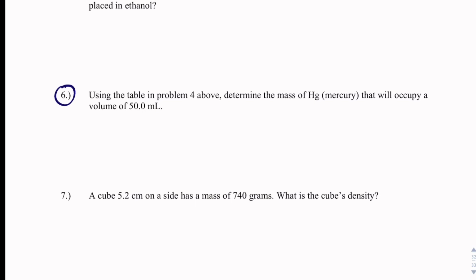So make this change for me because I want you to know that you can solve one where you're solving for something in the denominator. So we're going to use the table in problem 4 to determine the volume. I'm going to change mass to volume of mercury that has a mass of, let's just say, 50.0 grams.